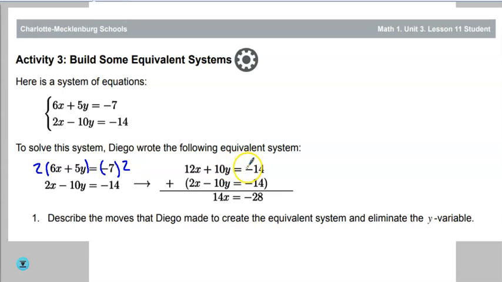Multiplied 2 on both sides. Then that created a +10 and a -10. So since they're opposite signs, he's going to add the two equations together.